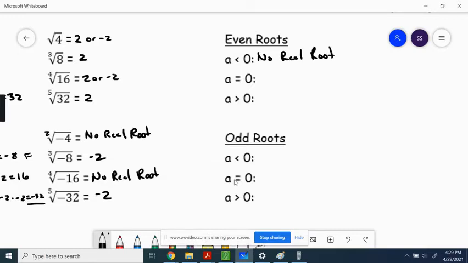If a is equal to 0, so 0 is under the radicand, it doesn't matter if we're taking the second root or the third or the fourth, it's always going to equal 0. So there will be one real root, but that one will equal 0. And then if a is greater than 0 with even roots, like the square root of 4 or the fourth root of 16, we're going to have two real roots.